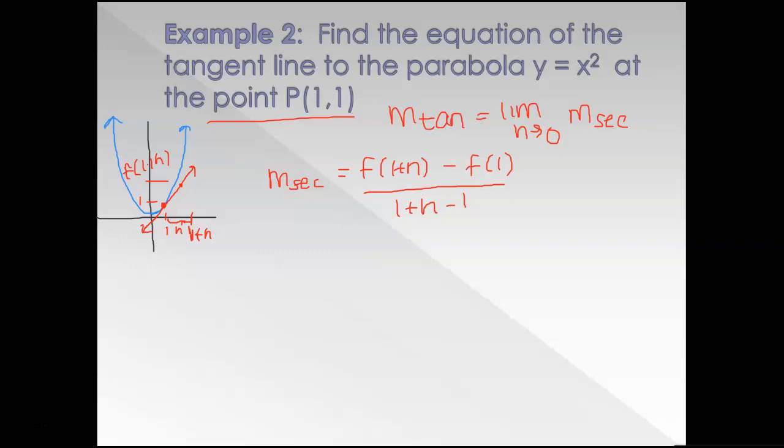So f is like x squared. Again, y is another way of saying f of x. So this becomes 1 plus h squared minus 1 squared all over 1 plus h minus 1, which becomes h.